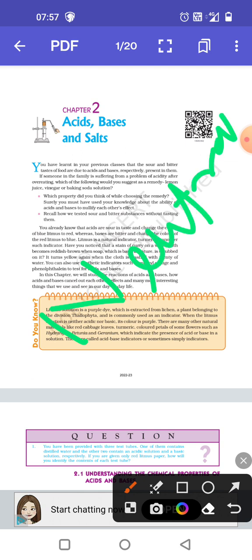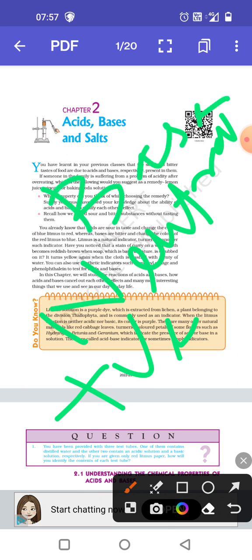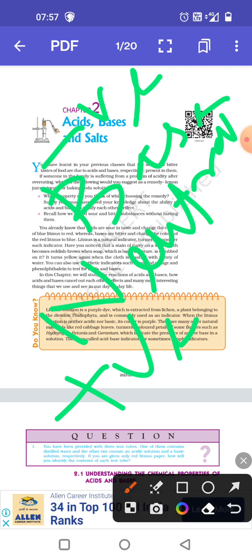Acids and bases are exactly opposite in contrast to each other. If we take the acids as a positive aspect and bases as a negative aspect, then the combination of both acid and base may be neutral.